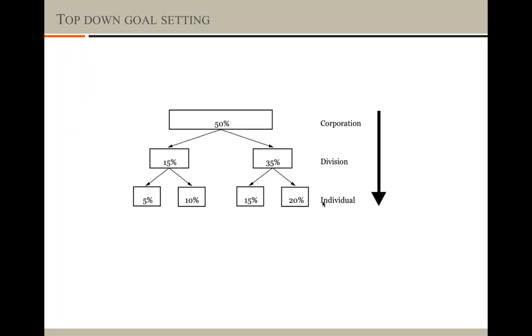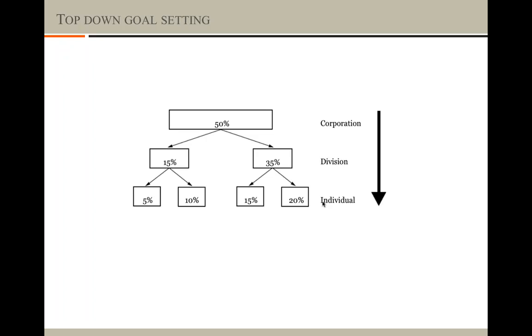For example, suppose you have to increase the customer satisfaction rate in an organization by 50%. That is the overall objective for the organization. Now, how the organization breaks down this goal at different levels is what is demonstrated here. The overall goal is 50%.